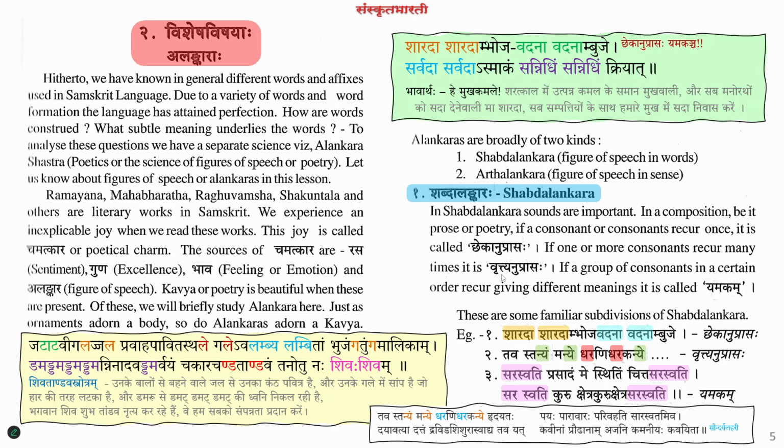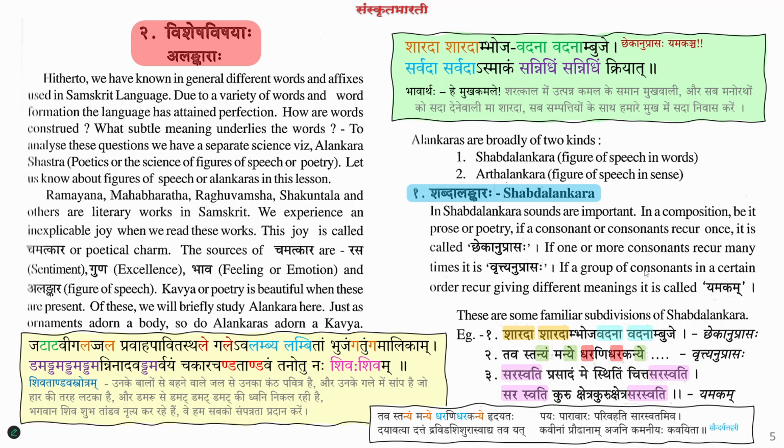If it is more, then we call it Vrityanuprasaha. It's like Dvipada Dvandva, Bahupada Dvandva, like that. More or less, the Vrityanuprasaha is a more recurrence than Chekanuprasaha. A very weak difference, really, in my opinion. It almost didn't demand a new name.